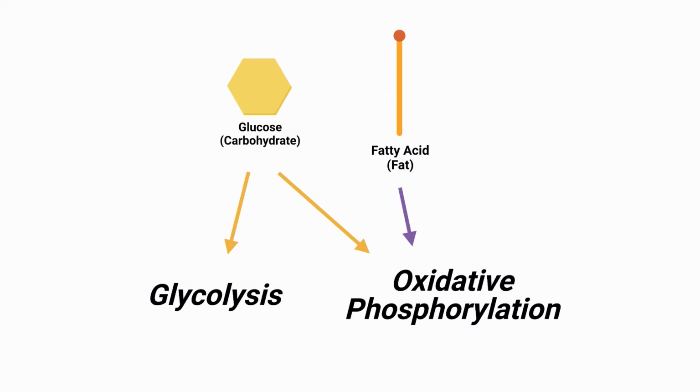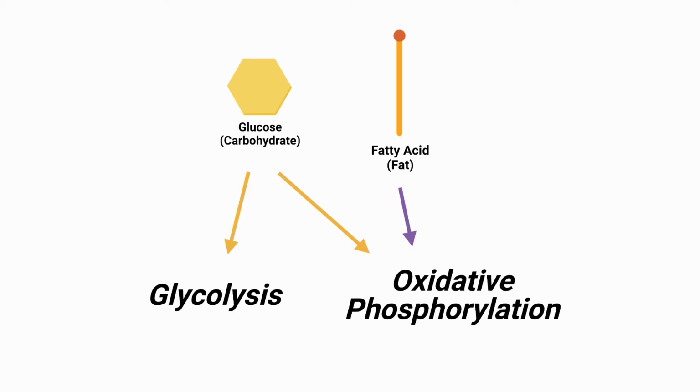Now, how it does that is through these two particular mechanisms, these two ways of going about producing this ATP, and that is glycolysis and oxidative phosphorylation. Again, I'm not going to bog you down with all the details of what each one is, but ultimately just know that carbohydrates can go into glycolysis, and they can also end up in oxidative phosphorylation, OXPHOS.